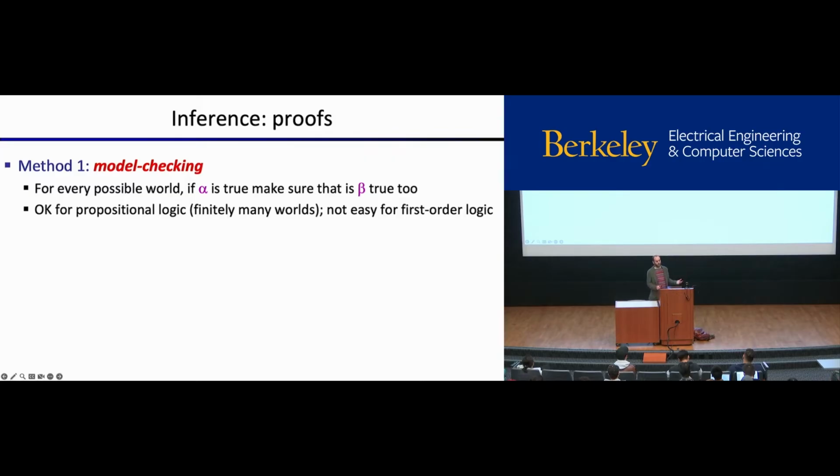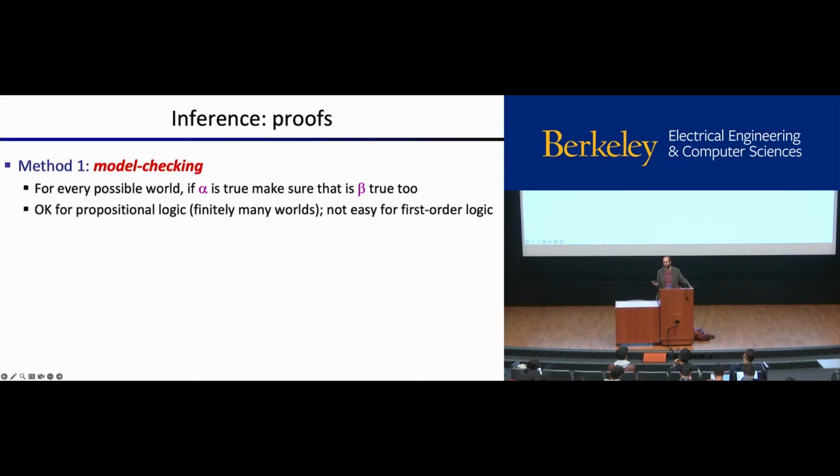And in propositional logic, we have finitely many worlds, so this is doable. In first-order logic, it's not so easy. Maybe you remember the sentence x is less than y that I showed you a couple slides ago. Let's say you want to know whether x is less than y entails x is less than y plus 2. And let's say x and y can only be integers.